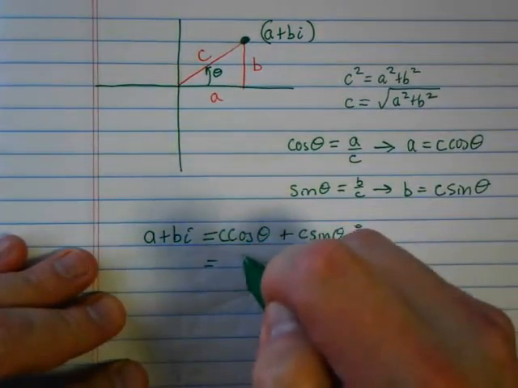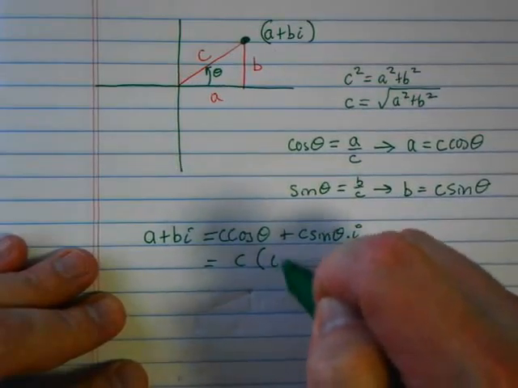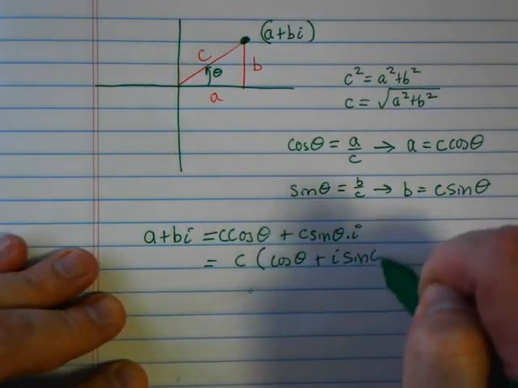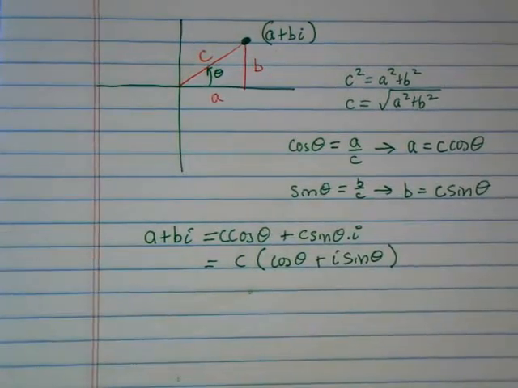So this is c times cosine theta plus i sine theta. And that's called trigonometric form of a complex number. Questions on how I got that?